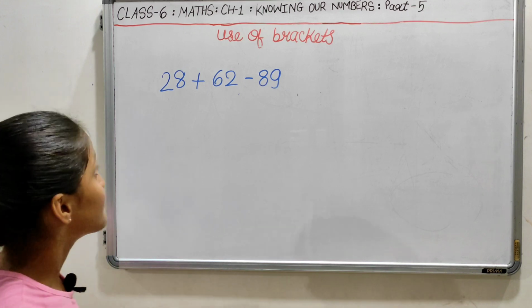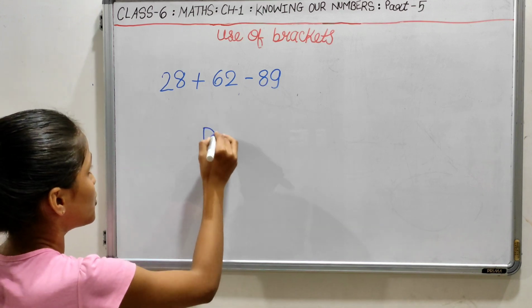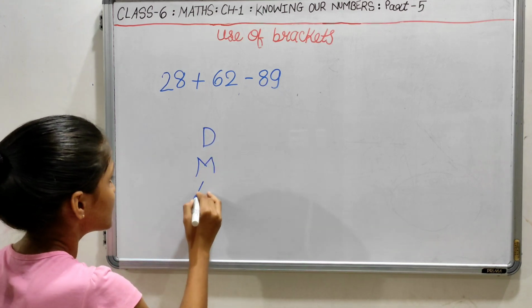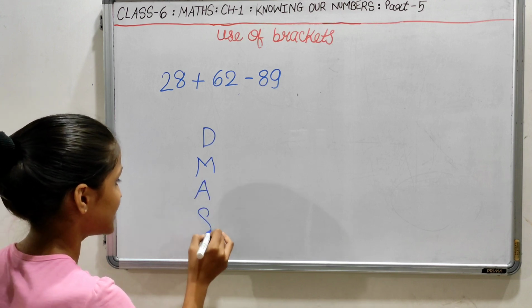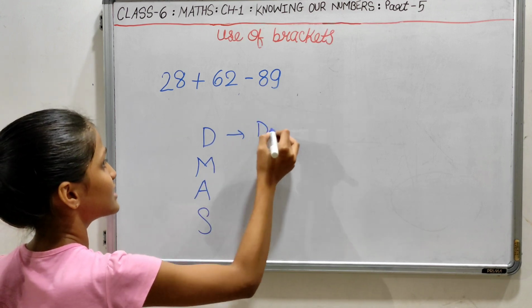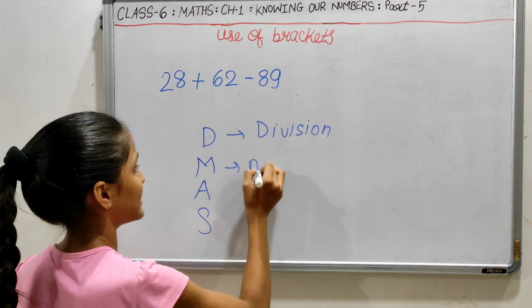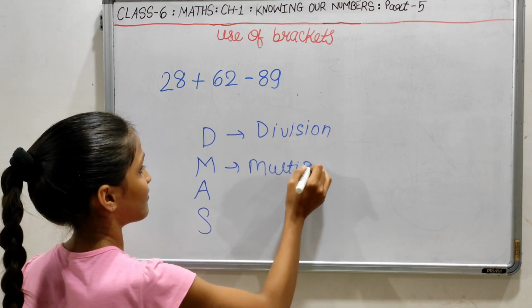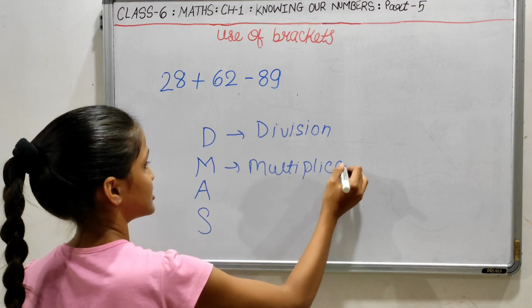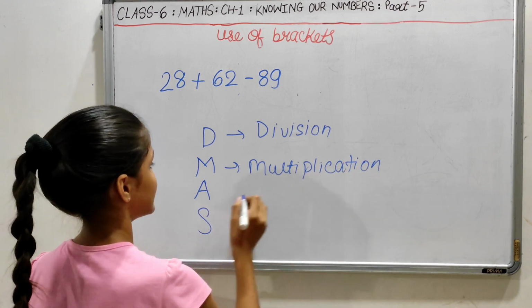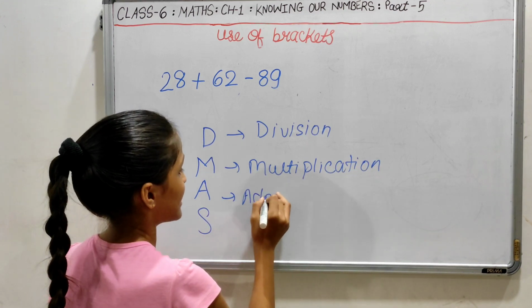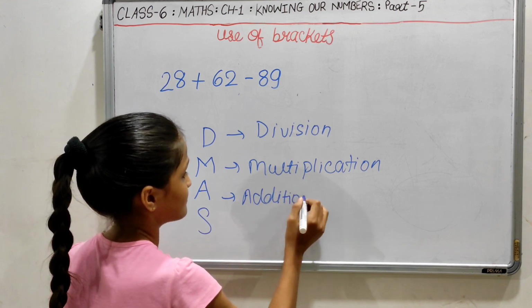The answer is because you must have heard of DMAS, I think. In DMAS, first we use division, next we have multiplication, next we have addition, and at last we have subtraction.